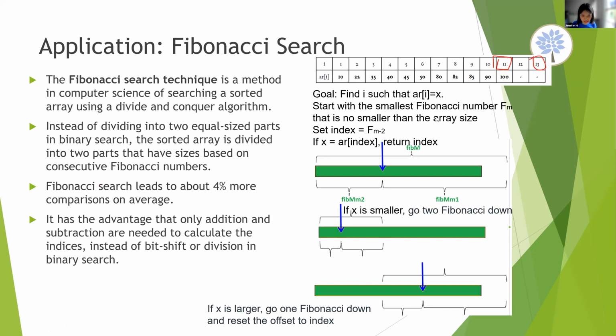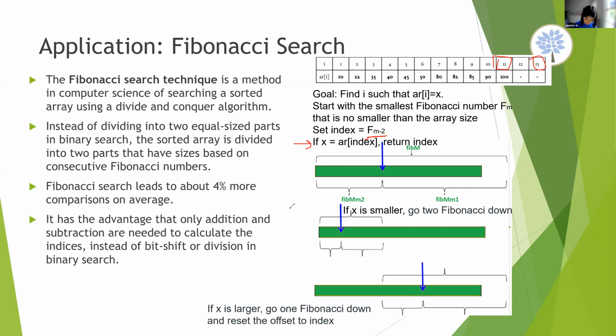Then we'll set the index to F minus 2, and check x against the array at index F minus 2. And if x is equal to that, we return the index and we're done.